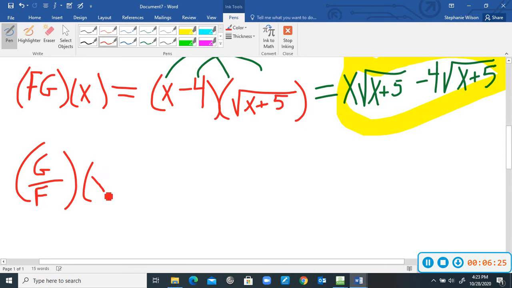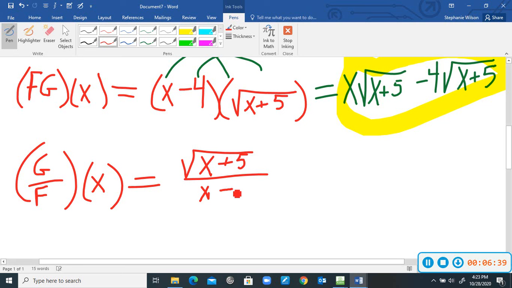Okay. So my G function is the root again, so it goes on top, all divided by X minus 4, and we can't reduce, and there's nothing else we can do to it, so that would be my answer, and that would be the end of it.